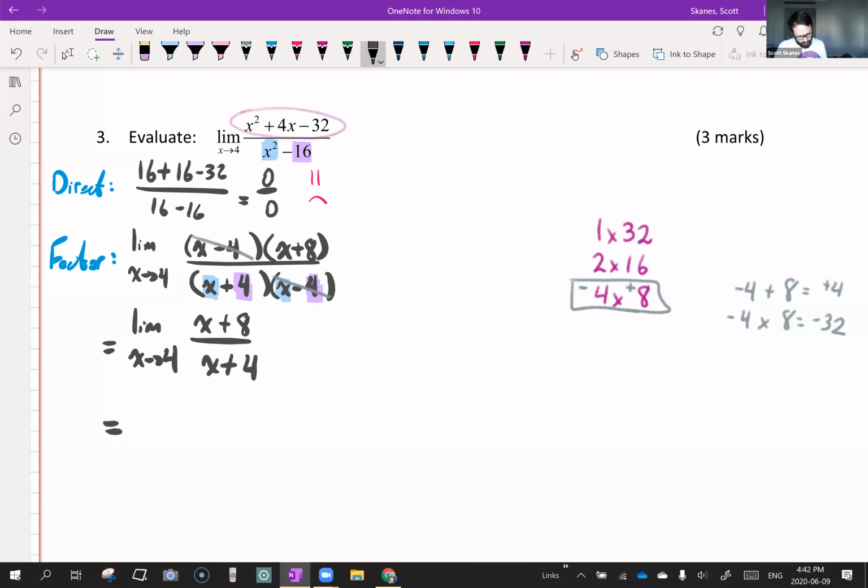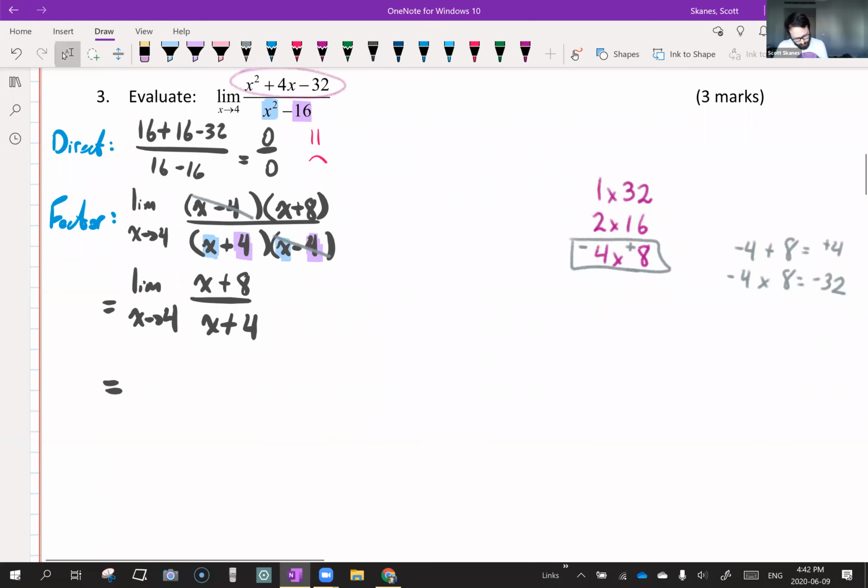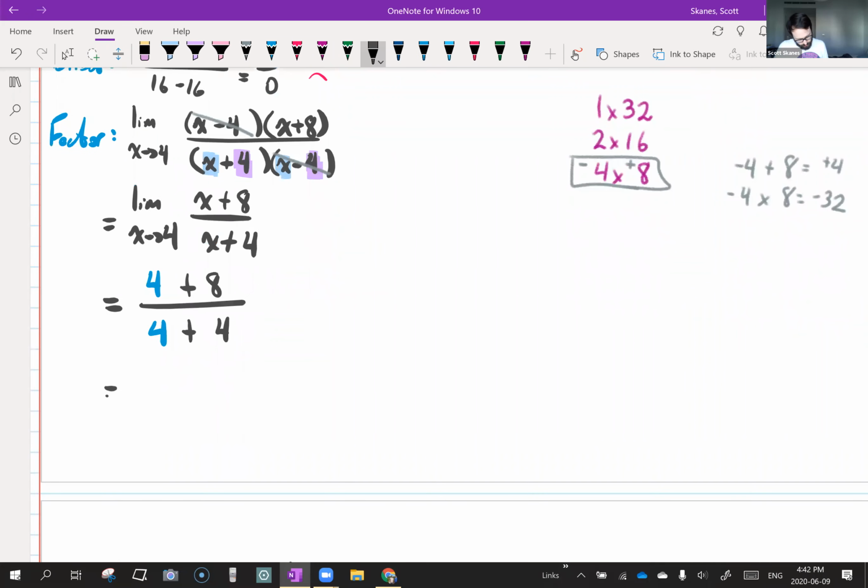So I'm going to do my direct substitution now. I'm going to replace the x with 4, and there'll be another 4 on bottom. Oops. This is 12 over 8, which is what? 6 over 4.